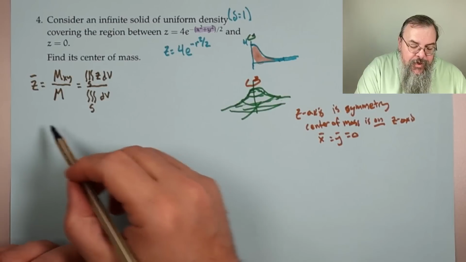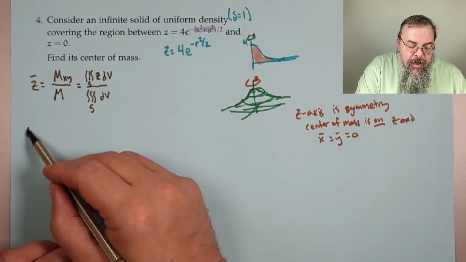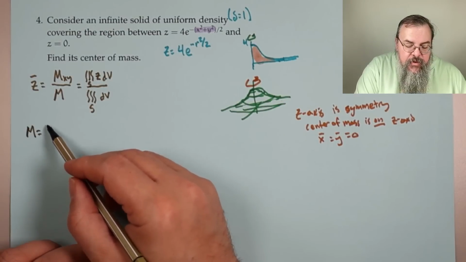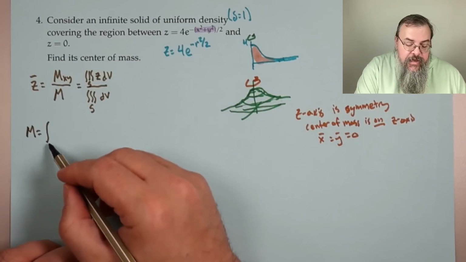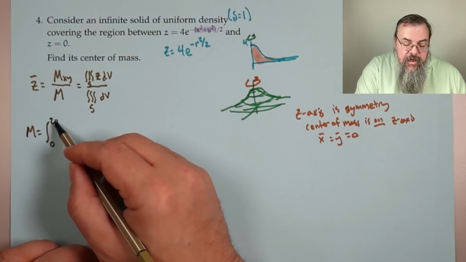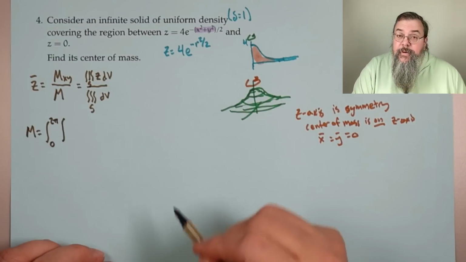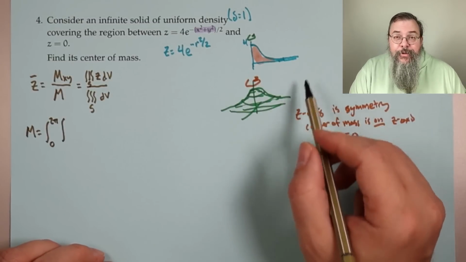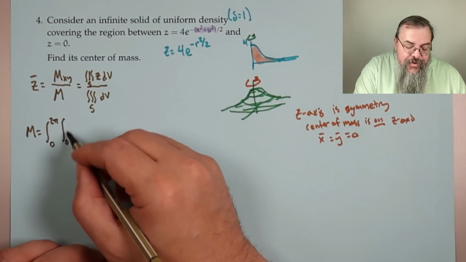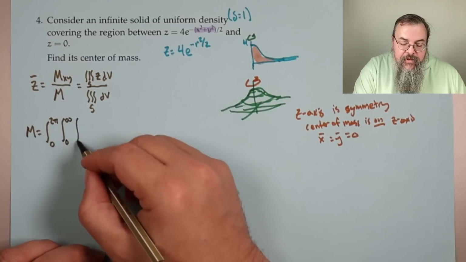So we'll start with the mass. Usually the mass is a little bit easier. So let's see what we have. We have full symmetry, so theta is going to be 0 to 2 pi. What about r? Well, we're going out all the way. We're not stopping, so 0 to infinity. What about z?